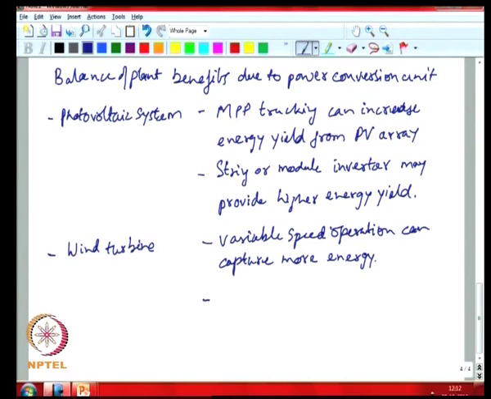Also, say you have a power converter which can have a high rate of change of power set quite rapidly because of higher bandwidths, etc., then you might be able to damp out resonances in the blades, tower, etc., which means that you can have lesser margin, the amount of steel required in the tower can come down, and you can actually reduce the structural cost, which is a major cost in things like wind applications.